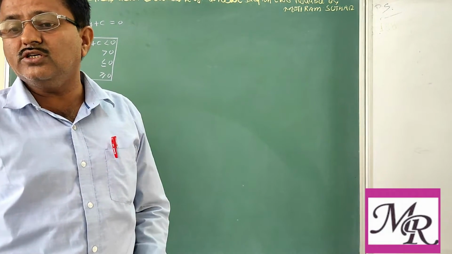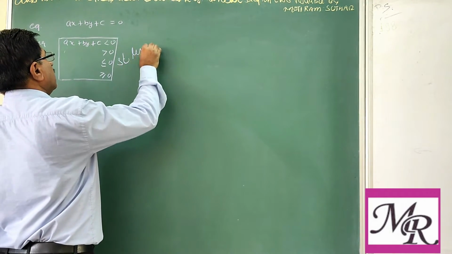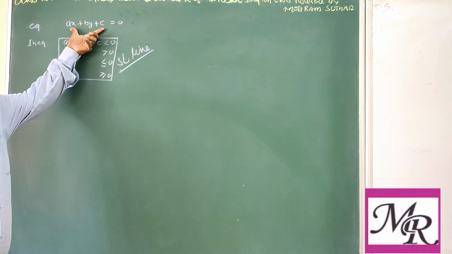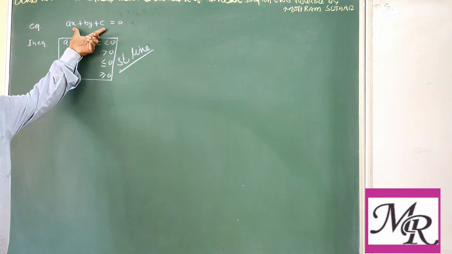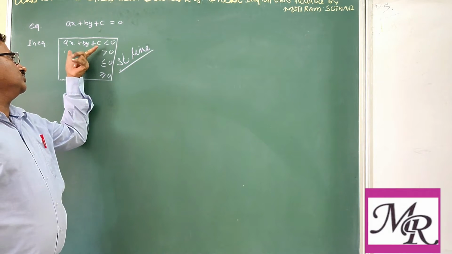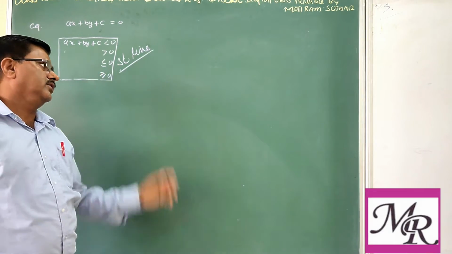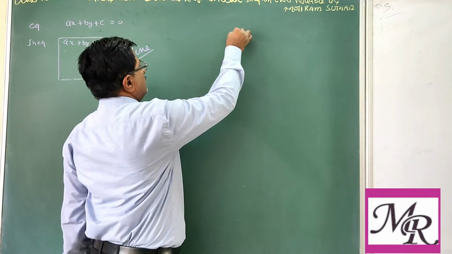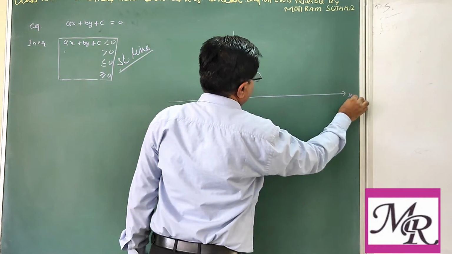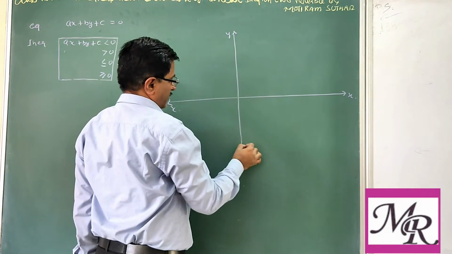So these all represent a straight line. As you have already seen in the previous class, when we represent an equation by a graph, the graph will be a straight line. So here also, if you represent the graph of this, that will also be a line. So in the coordinate system, when we are trying to find a graphical solution, we have to represent it on graph paper.